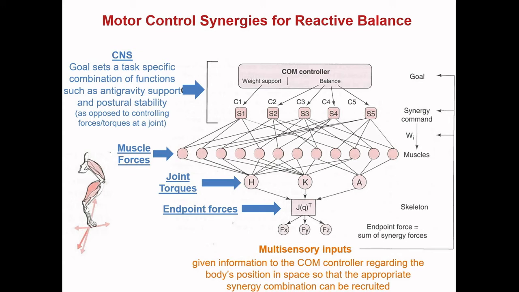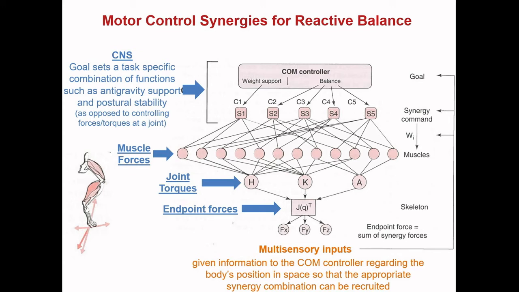For example, if an unexpected perturbation to balance occurs, then the various perceptual systems will detect information about the nature of that perturbation. This might include the direction of sway of the body and the velocity of body sway. This sensory information can be used to change the scaling coefficients of various synergies. This way, those synergies that are associated with creating forces that will oppose that particular direction of perturbation will be recruited.